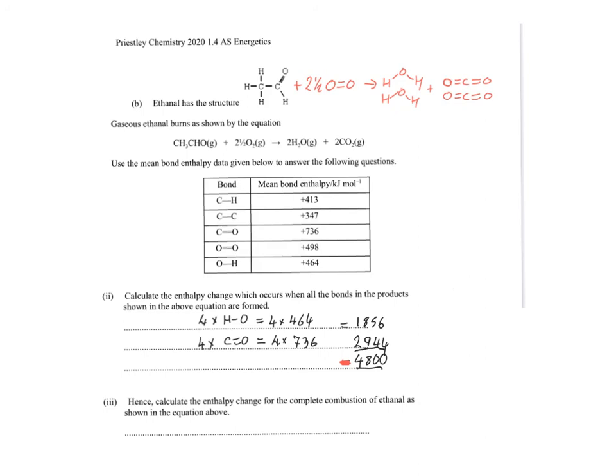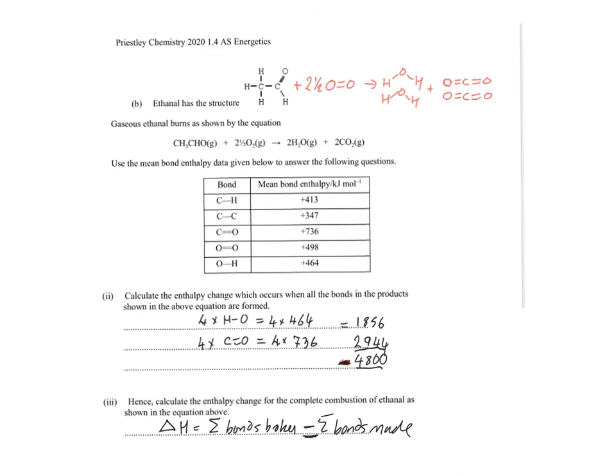However, in our equation it says calculate the enthalpy change for the complete combustion of ethanal shown in the equation above. So if we were to apply this to our equation, which is the enthalpy change for the reaction is the sum of the bonds broken minus the sum of the bonds made. Remember that negative sign there accounts for the fact that bond making is exothermic.